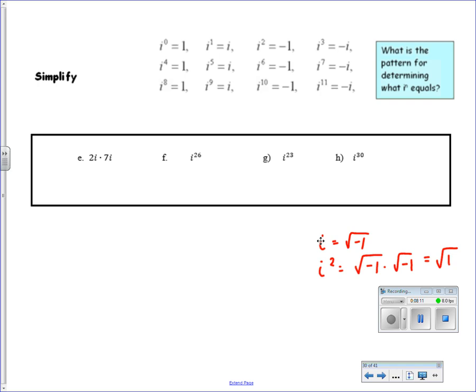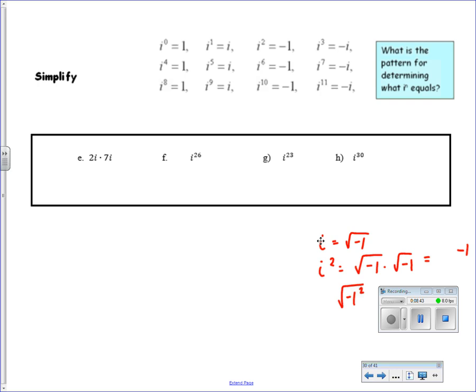Because technically, if we think about that, this will just be negative 1 squared, so therefore this is negative 1. We're not going to worry about the positive and negative. This is why. Here, let me explain that one more time. Let me do a better job. So this is really written as negative 1 squared, right? And what does the square and the square root do to each other? So that's why it's negative 1.